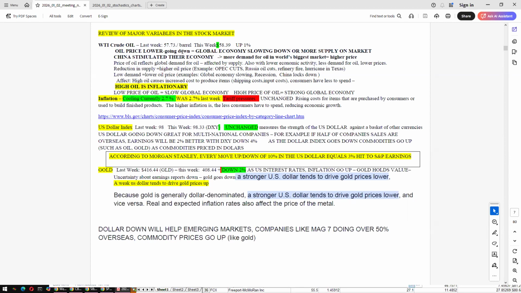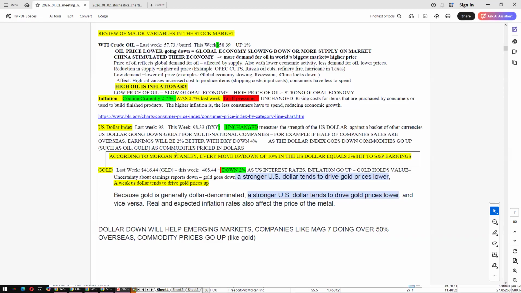So we're rooting for lower oil, and that actually helps the stock market. And currently the inflation rate is 2.7%. That's pretty low. It's been as high as 3% a couple months ago. We have the US dollar index at 98.33. That's unchanged from last week.